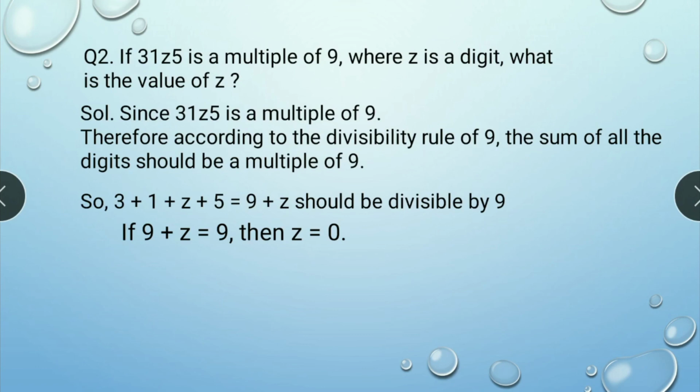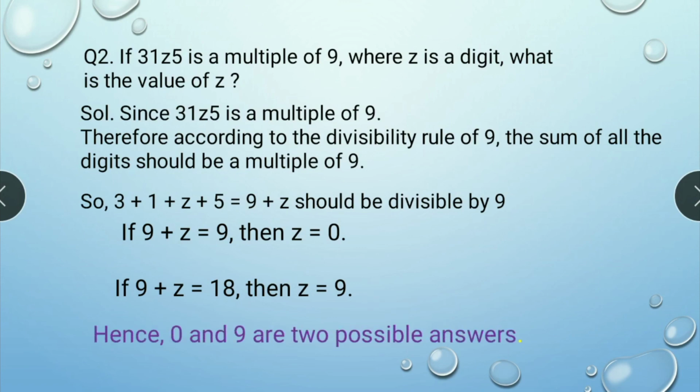Yes. Second multiple of 9 is 18. So if we add 9 plus 9, we will get 18. So in this case, the value of z will be 9. Understood? Hence 0 and 9 are two possible answers. Understood? Very good.